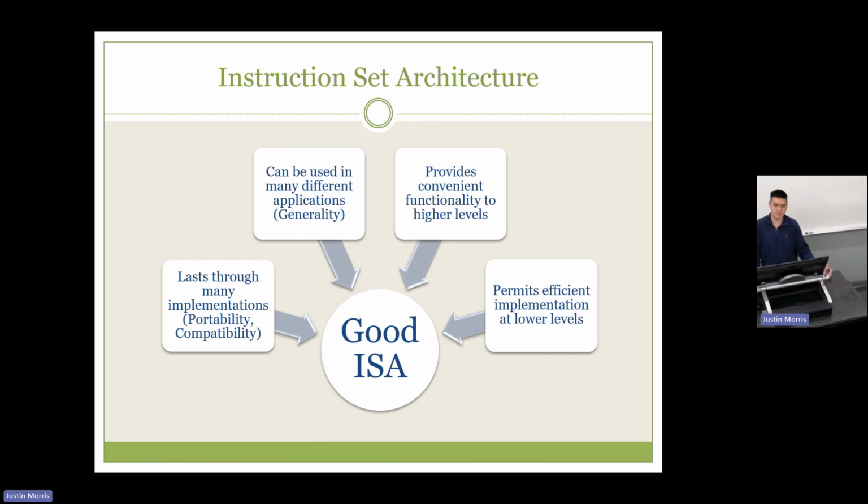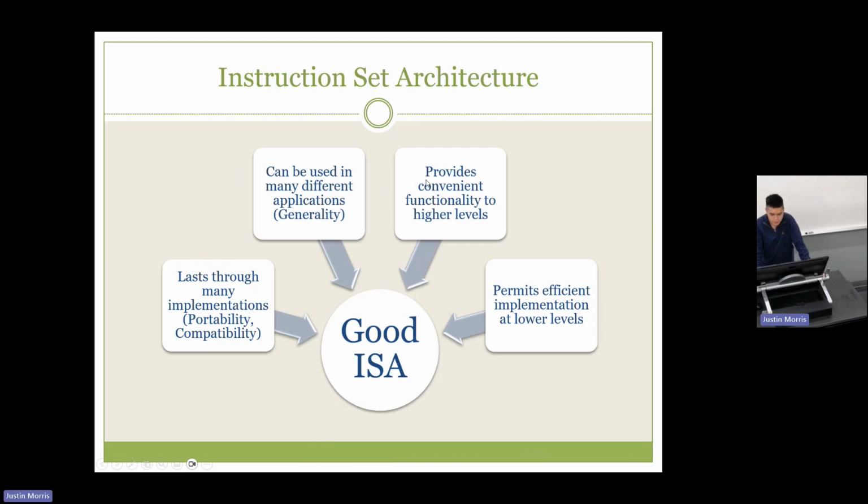We need to make a new compiler, right? So we want it to last through many different generations. And we also want it to be able to be used for many different applications. So we don't want an ISA that's solely focused on, say, scientific workloads, and that's all that it's really good for. We want it to be very general purpose so that it can be used for a wide range of applications.